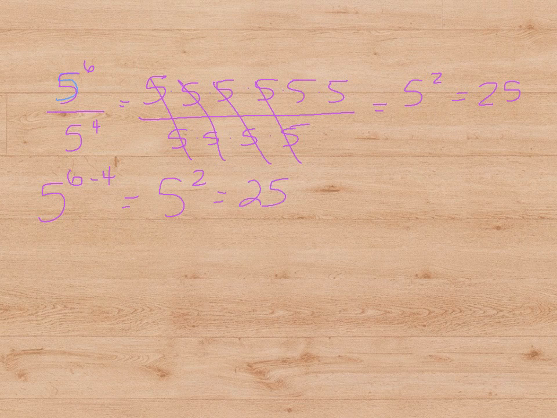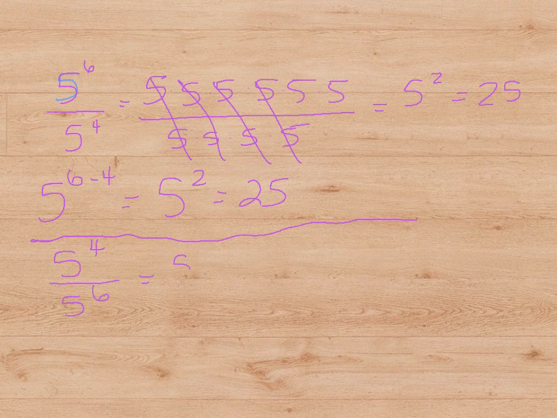So let's consider what happens if you take the original problem of 5 to the 6th over 5 to the 4th, and we take that fraction and use its reciprocal. So compare that to 5 to the 4th over 5 to the 6th.